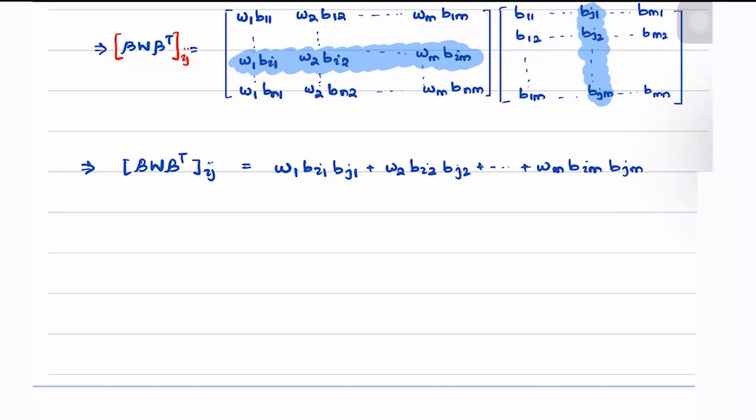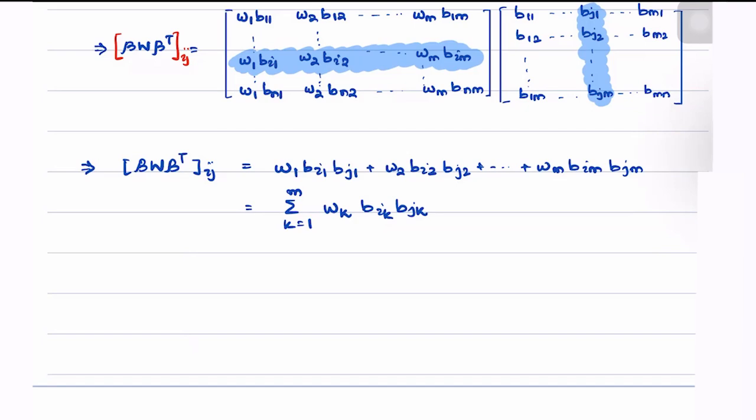Okay. Now let's calculate what would be the value of this sum. Of course we can write it in a slightly more concise way as the sum of WK BIK times BJK, where K varies from 1 to M. Let's now try to understand what this will be equal to.